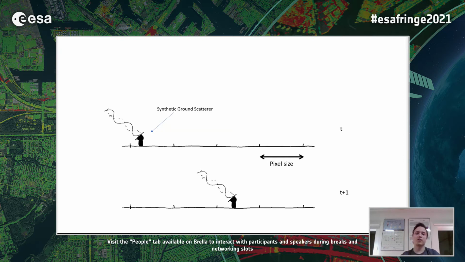That's where coherence tracking comes from, because in reality, when you don't correct for this displacement and you do the phase difference pixel by pixel, you are measuring something where you have a total coherence loss. And so you have to take into account this displacement.